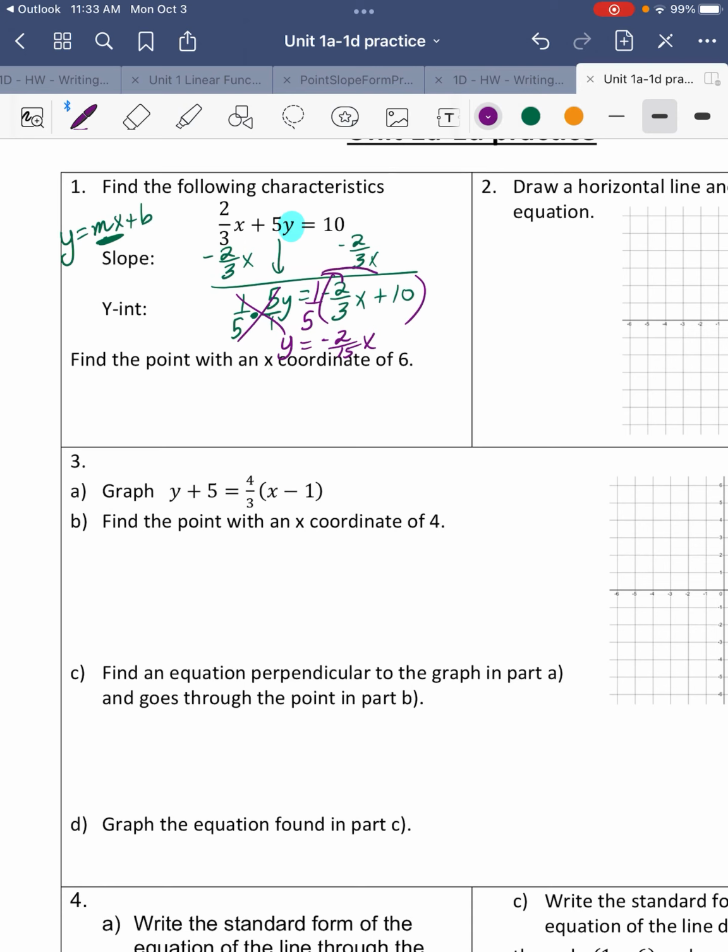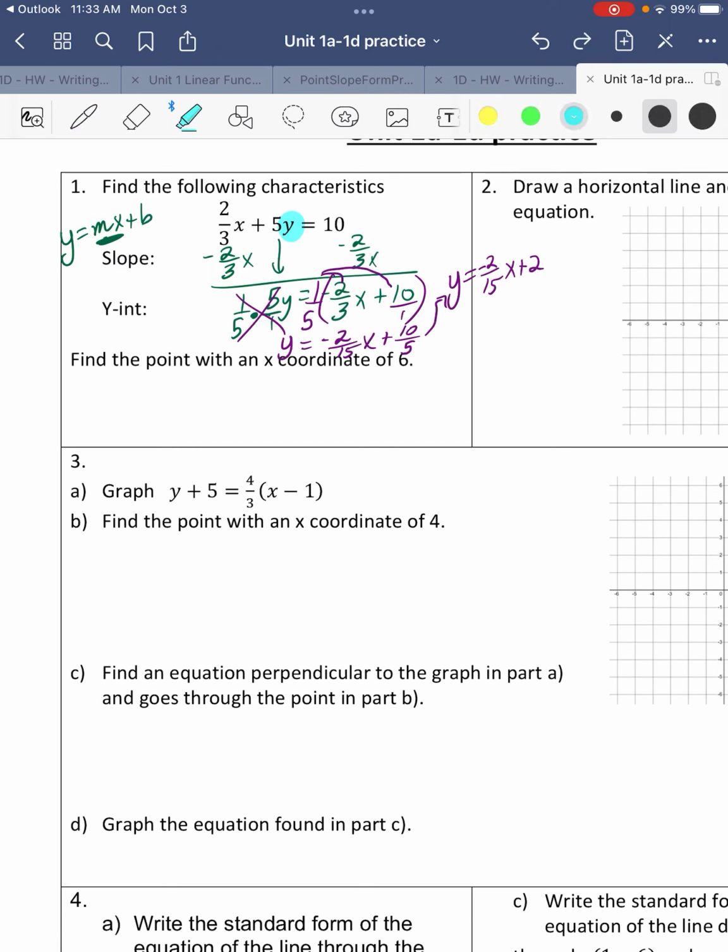Now you could do that in Desmos, but it's a little easier not to if you multiply by the reciprocal. So 1 times 10 is 10, and 5 times 1 in the denominator is 5. So I have y equals negative 2/15 x plus, 10 divided by 5 is 2.